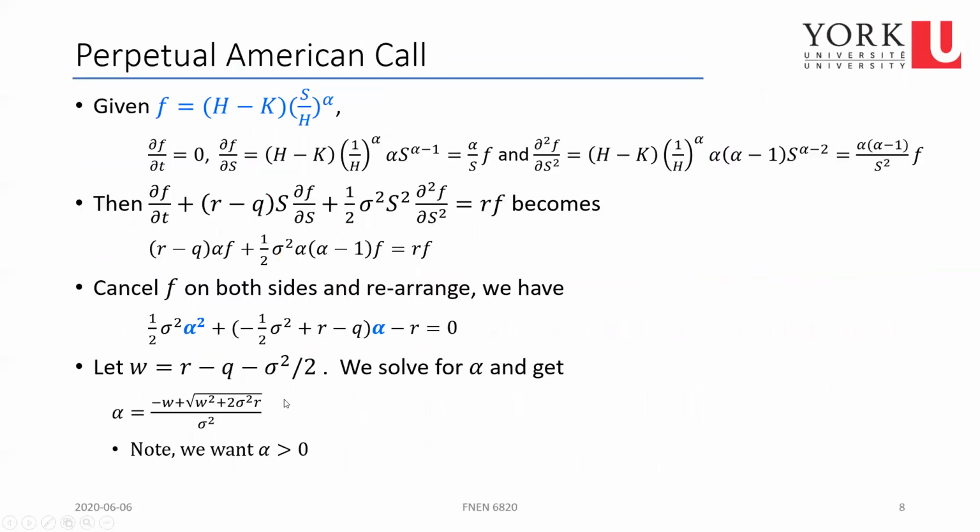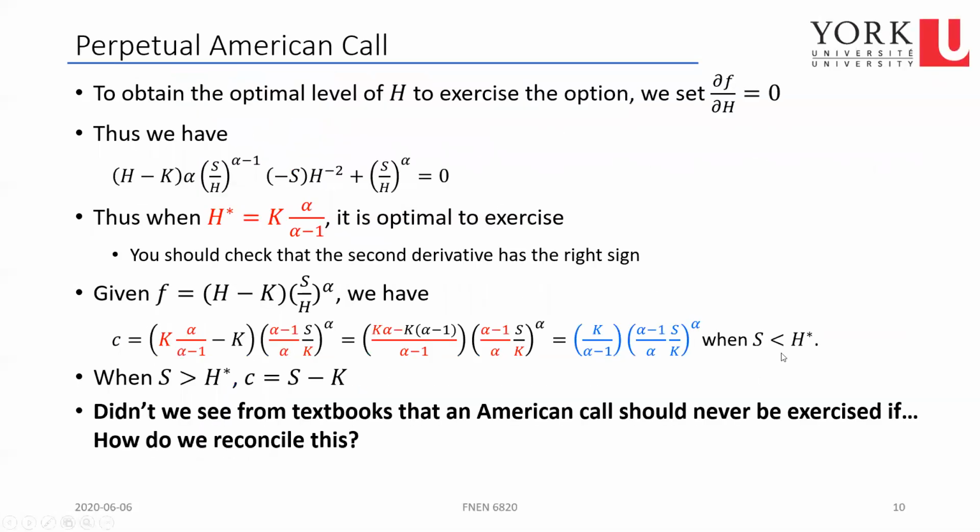And you should actually see that from this equation here, because when S is equal to 0 and alpha is greater than 0, this whole expression becomes 0. So check that out.